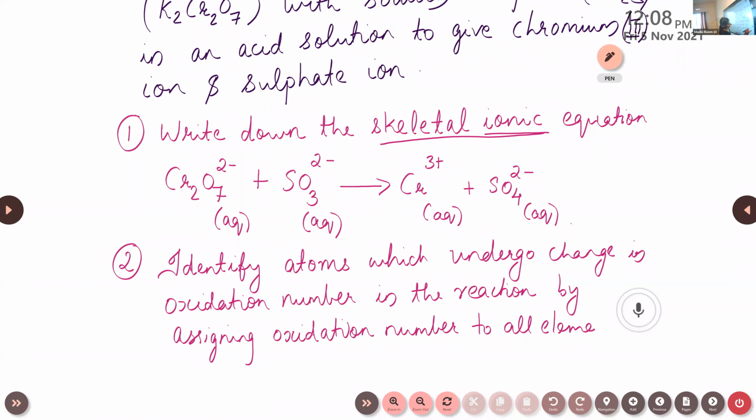This is the second step. Identify atoms which undergo change in oxidation number in the reaction by assigning oxidation number to all elements.